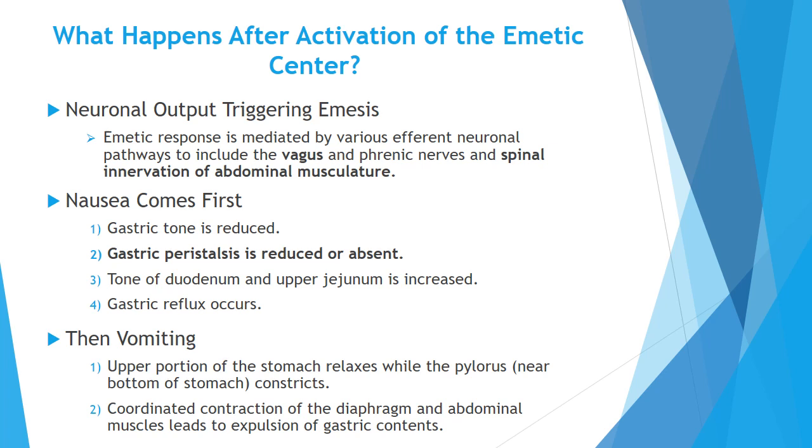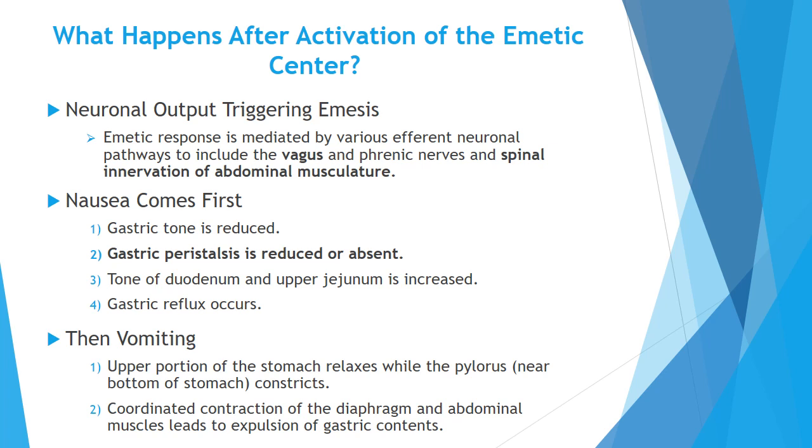So the sequence of events is nausea is first, obviously. I don't know if you would have thought about this before, but it's interesting. The gastric tone is reduced, so the stomach contractility is reduced. Gastric peristalsis is reduced or absent, so the stomach actually stops churning.